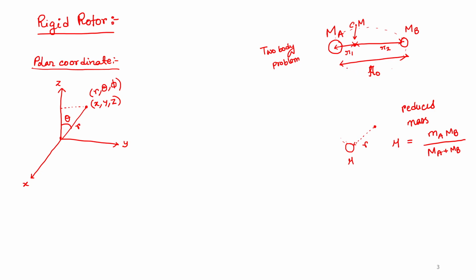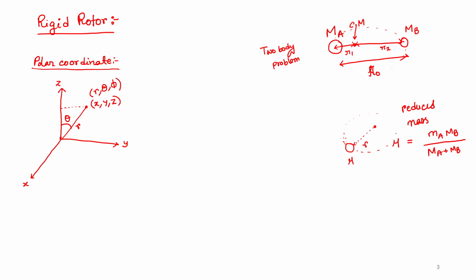But when we discuss a one-body problem, first of all, from a two-body problem we constitute a one-body problem, and we define mu, that is the reduced mass. And now, while discussing how this reduced mass is going to rotate in space, our angle theta becomes important.